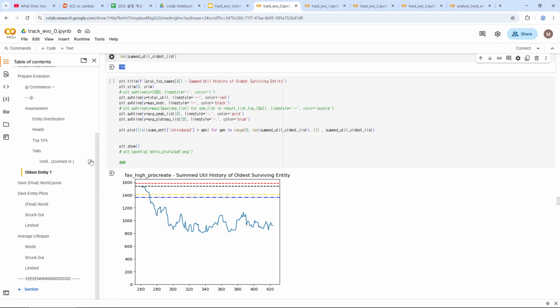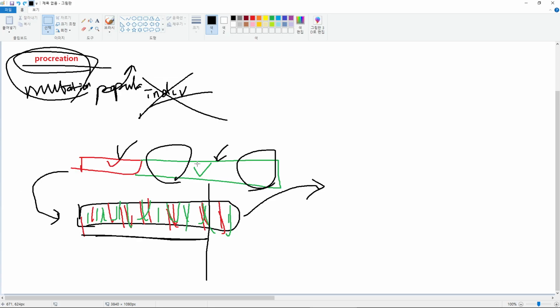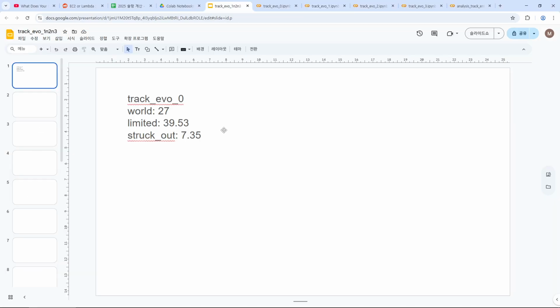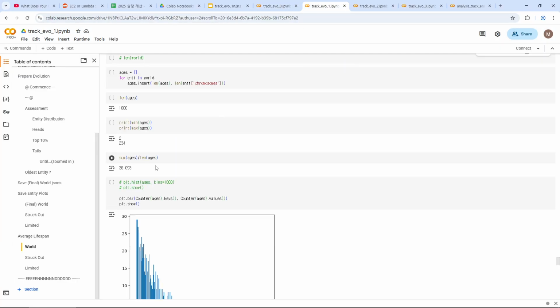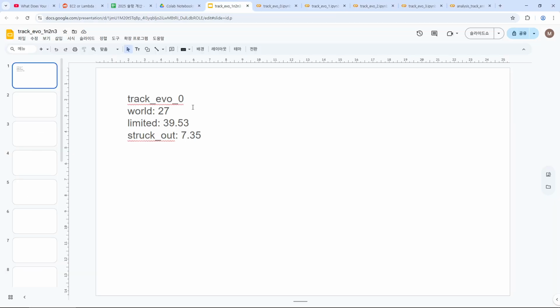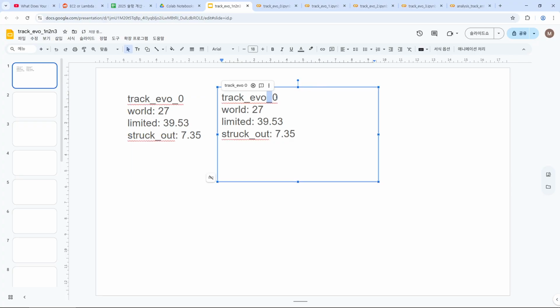And if I go on to have a look at the average age for the entities in the final state of the world, it was 38. So I'm going to copy that. It's 38.